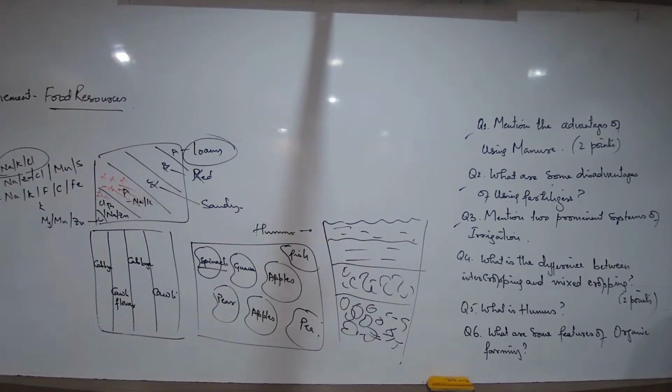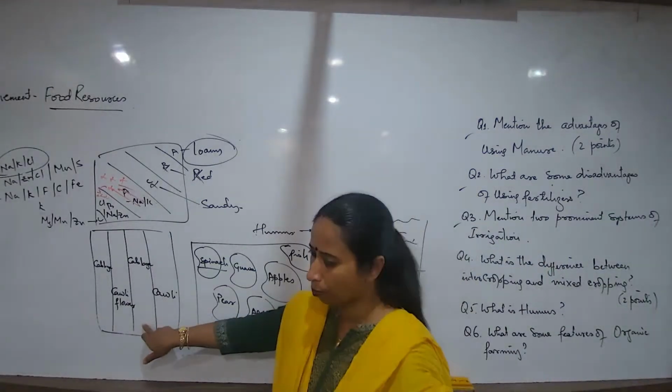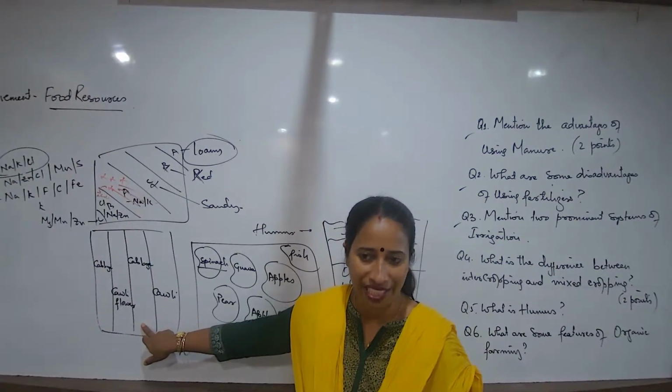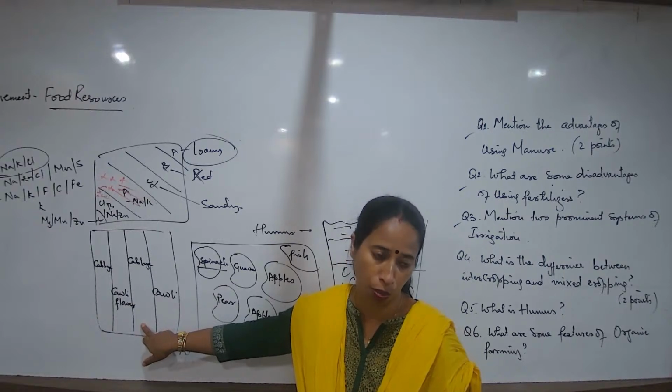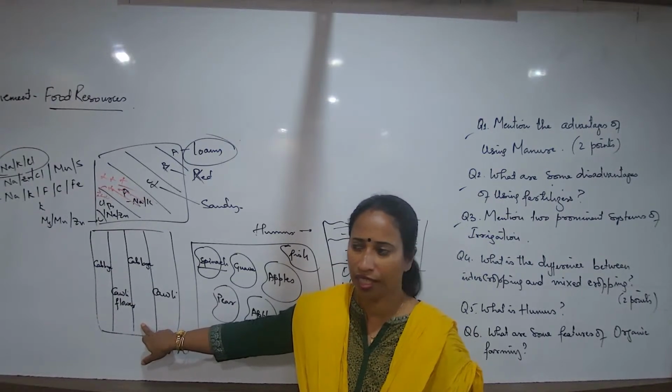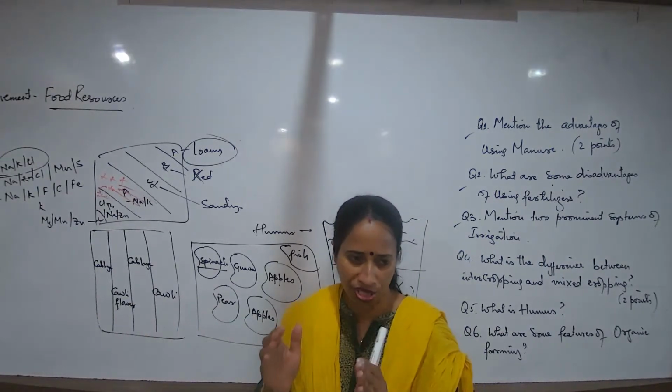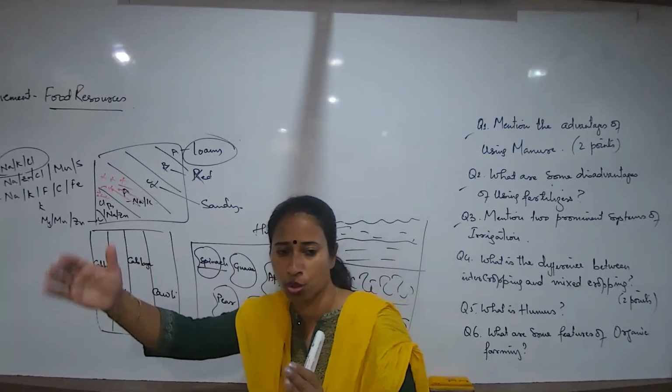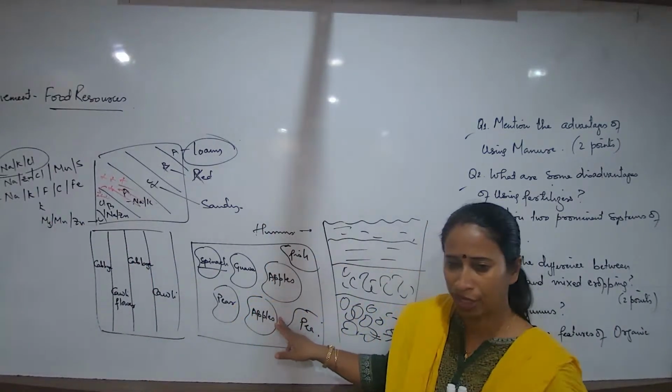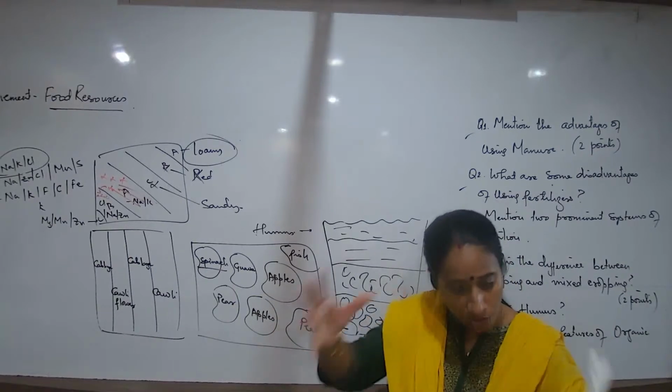Intercropping is basically done for a few types of crops, 3-4 types in different rows. Mixed cropping has more types.